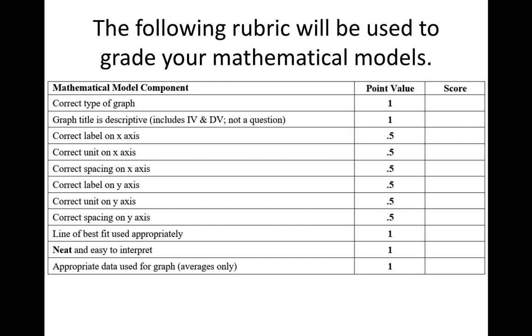You can even use part of your agenda. You know, that's a nice straight edge. And also that the appropriate data is used for the graph. Averages only. Don't waste your time plotting all of the trials. Nobody wants to work that hard. You will be having some practice making graphs using your graphing practice packet. So please make sure that you bring that to class every day when you're here or have it readily available.